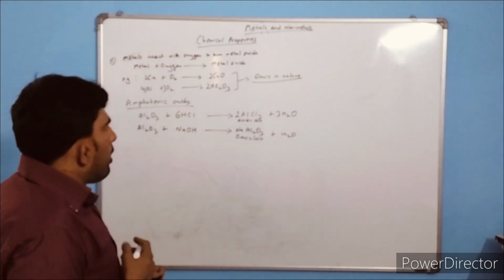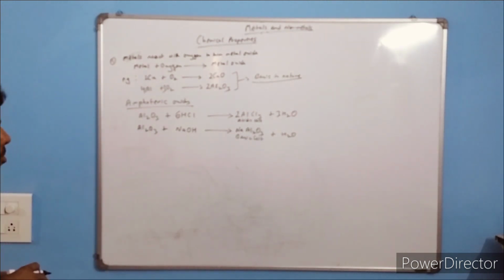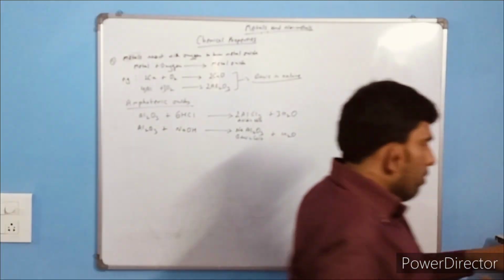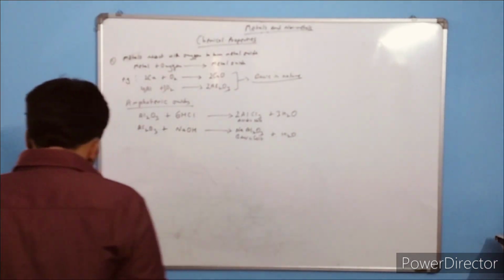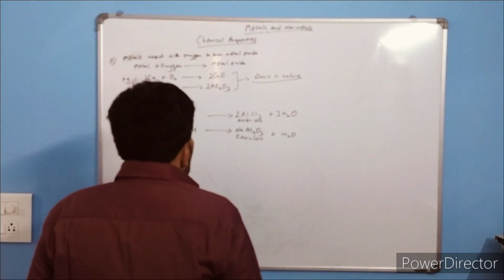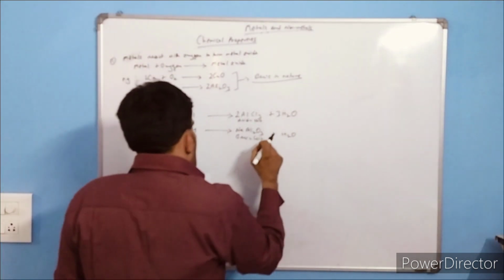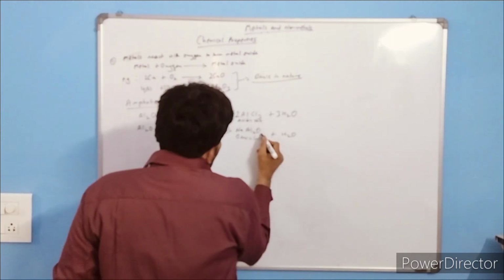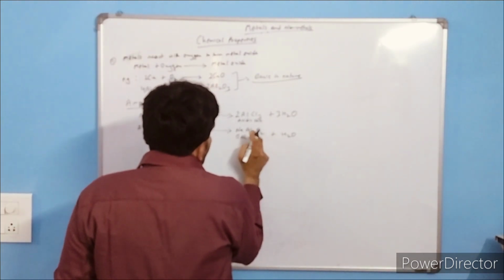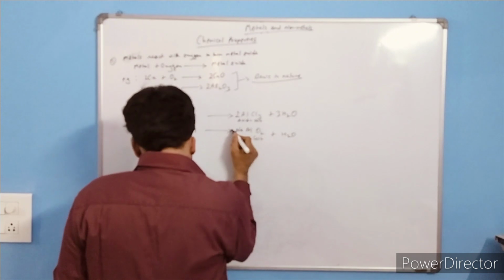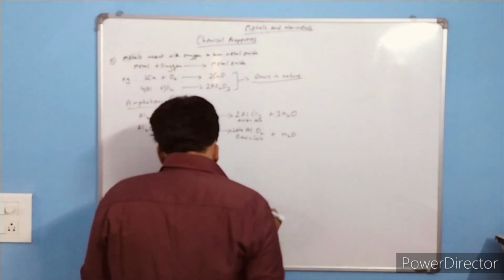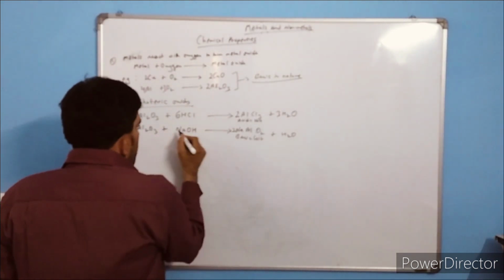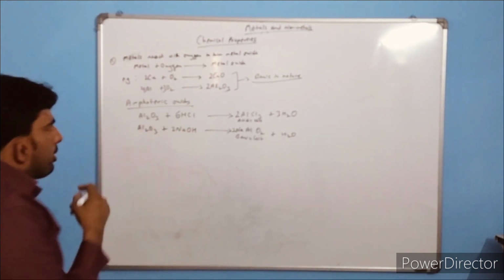We have lots of chemical reactions here. The formula of sodium aluminate is NaAlO2, and we get it plus water, which we can easily balance.